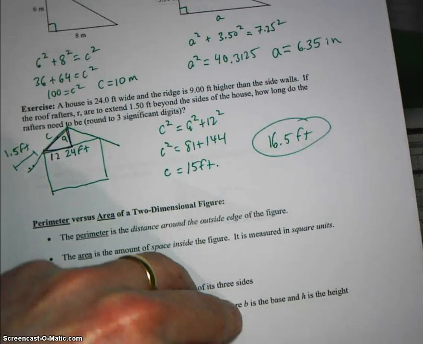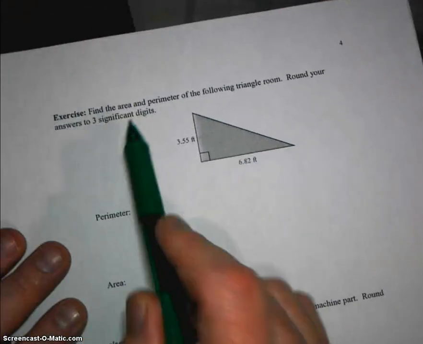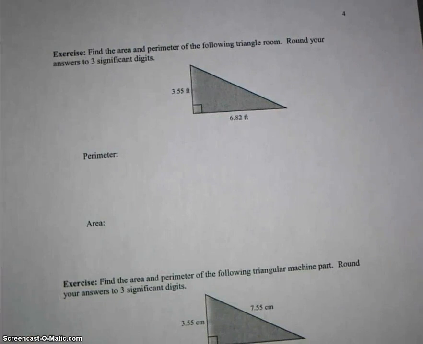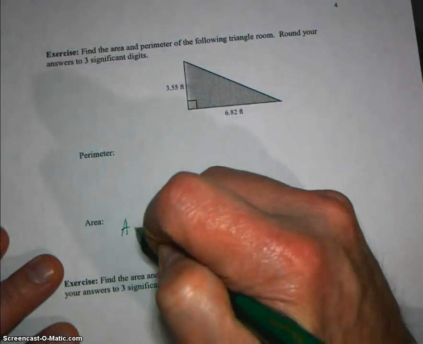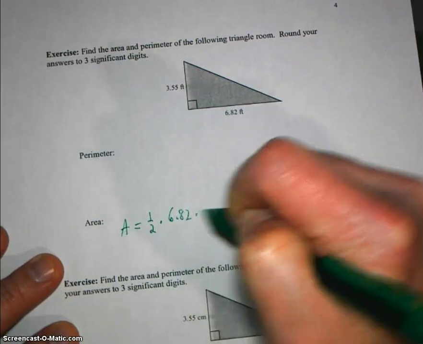All right. So, find the area and perimeter of the following triangle. Round your answer to 3 significant digits. I can find the area already. Area is 1/2 times the base times the height.